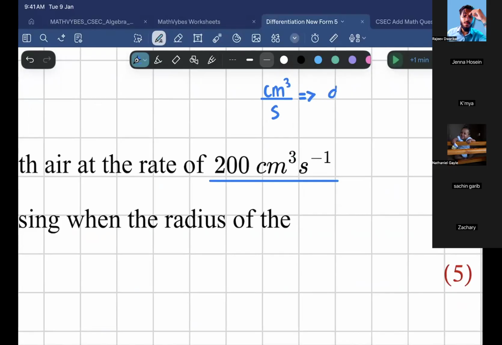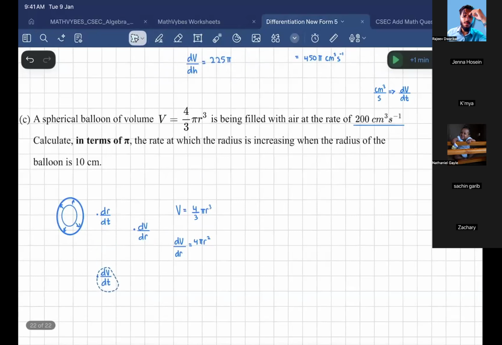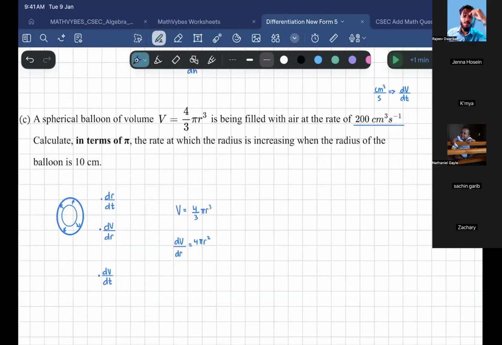The volume. And what do you measure with respect to seconds? Time. So they gave you dV/dt. So dV/dt is equal to 200 centimeters cubed per second.